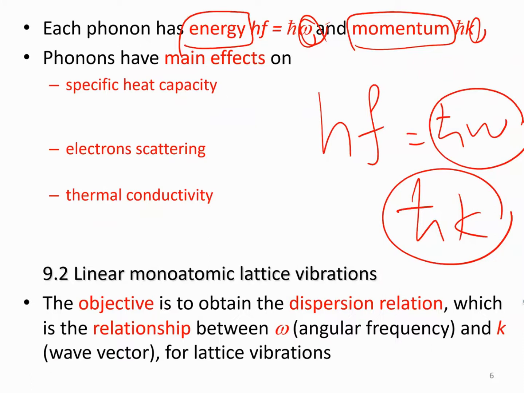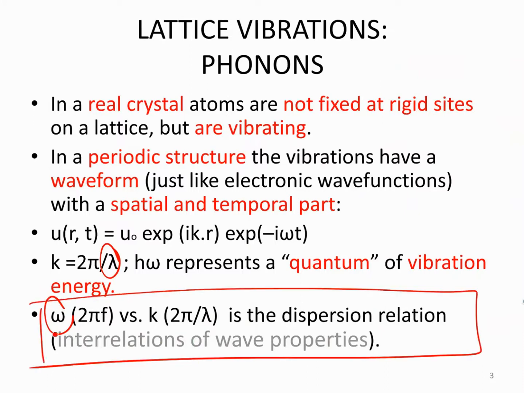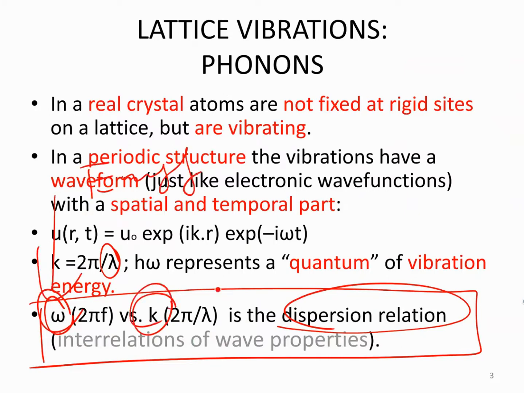You want to know how the momentum reacts with the energy, how the energy interacts with the momentum. When we change the energy, how much the momentum will change. Okay, this is what we call the dispersion relation between omega and k. Remember that one of our main purposes for this chapter is to find this one, the dispersion relation between omega and k. This omega represents energy, and this k represents momentum.